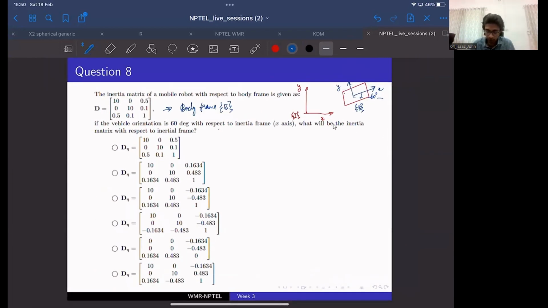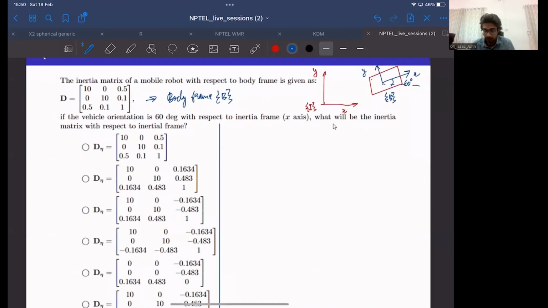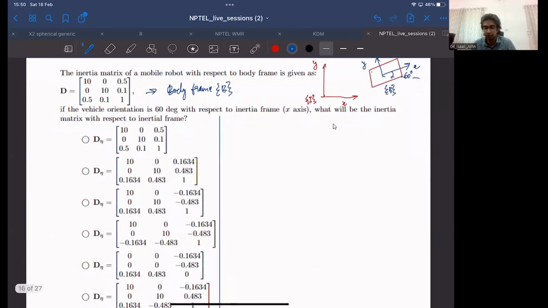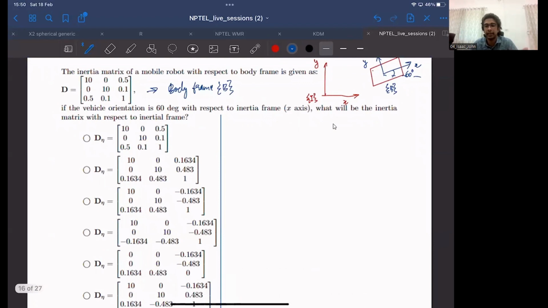If you know the formula by heart, you can do that. But again, the derivation is also quite straightforward. First of all, we'll start with the kinematics. At the kinematics level, we deal with the mapping of velocity coordinates between the inertial frame and body frame.